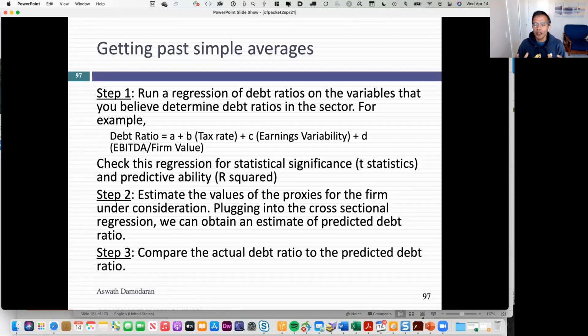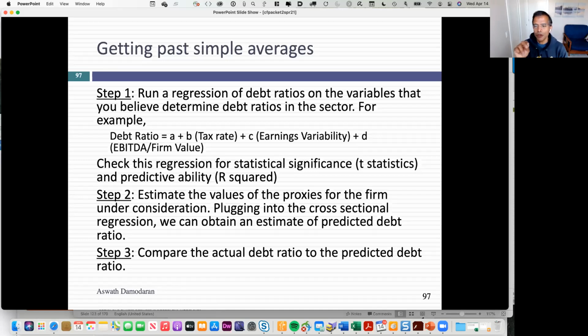I'm actually going to take your peer group. I'm going to run a regression of the debt ratios of companies against the variables that I think should matter. And there's a judgment call you've got to make, tax rates. You've got to decide what you think matters in this sector. When you run a regression, what are you going to get? You're going to get at least a sense of what drives debt ratio differences across companies within this peer group.